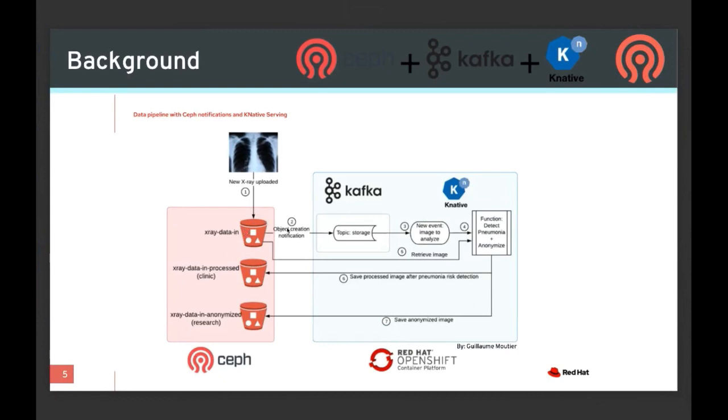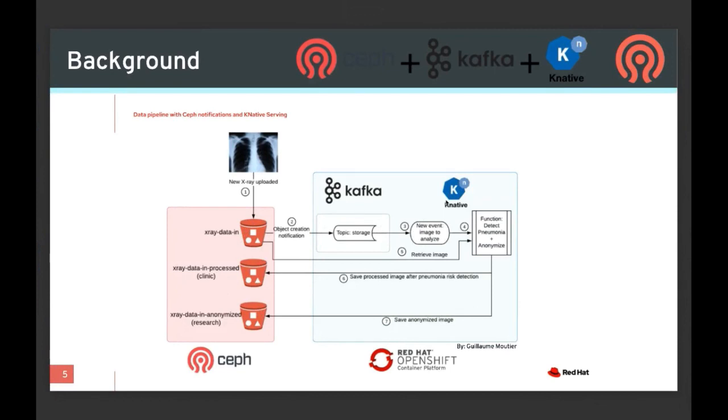Ceph sends a bucket notification with a storage topic. A Knative eventing component is defined as a consumer of the storage topic, and it will fetch the message and pass it to the Knative serving service.